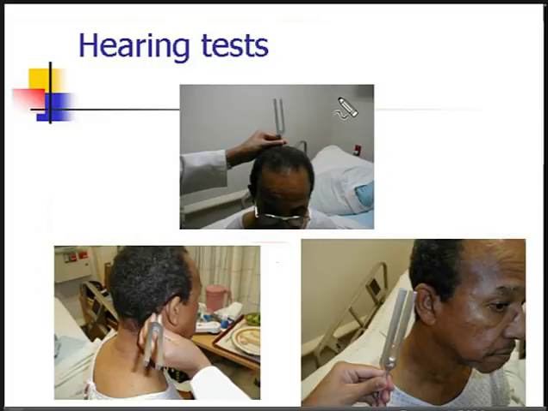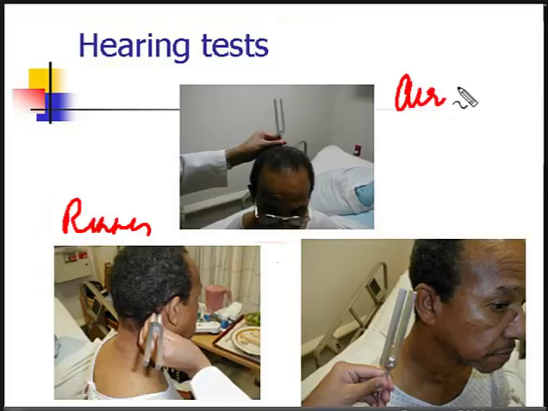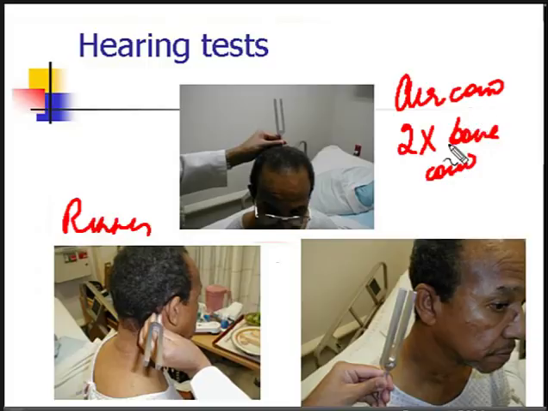In the Rinne's test, which is this one, this compares air conduction to bone conduction. And normally air conduction persists twice as long as bone conduction.